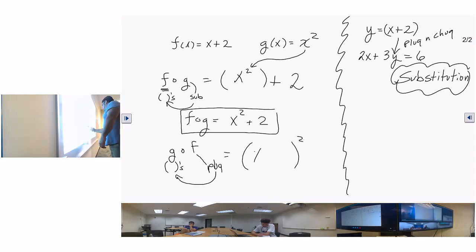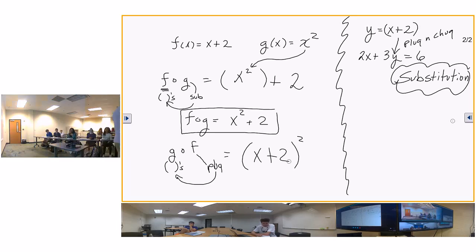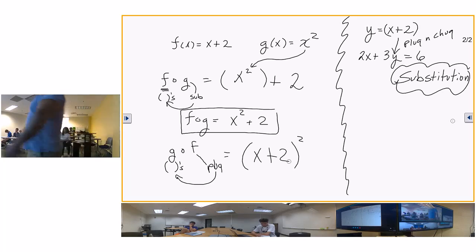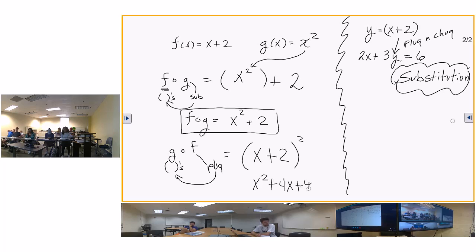Are we finished? No, you have shortcut number 1. x squared plus 4x plus 4. So your answer is not the squared parentheses; your answer is x squared plus 4x plus 4.